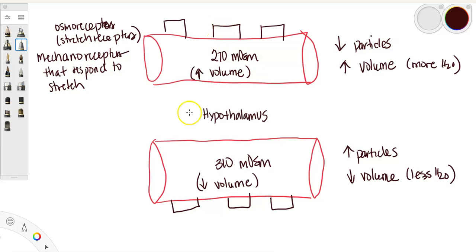So the hypothalamus is going to have nerves that are linked to these stretch receptors.